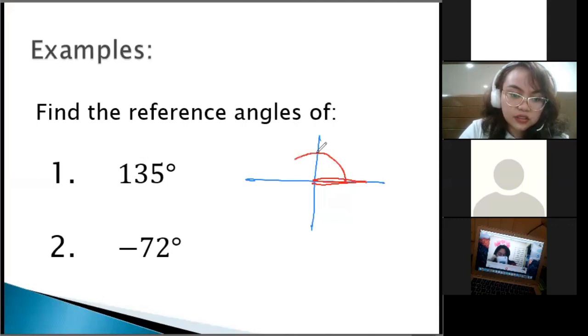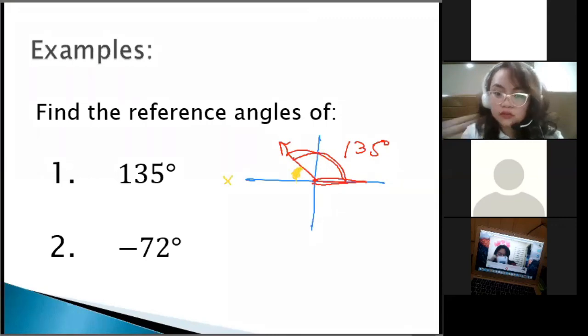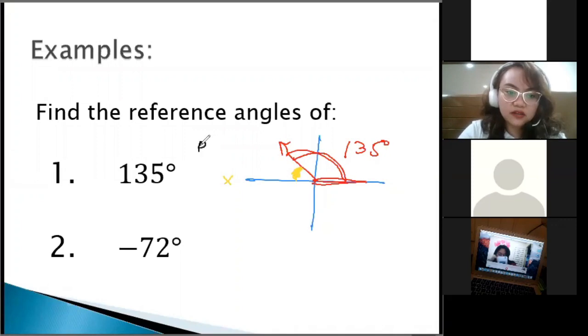Here, will I go past it again? No. Okay, so this is now 135 degrees. If this is 135 degrees, then my reference angle is this one because it is closer to the x-axis. And what's the measurement of this? Very good, Carla, Kirby. Our reference angle is 45 degrees.